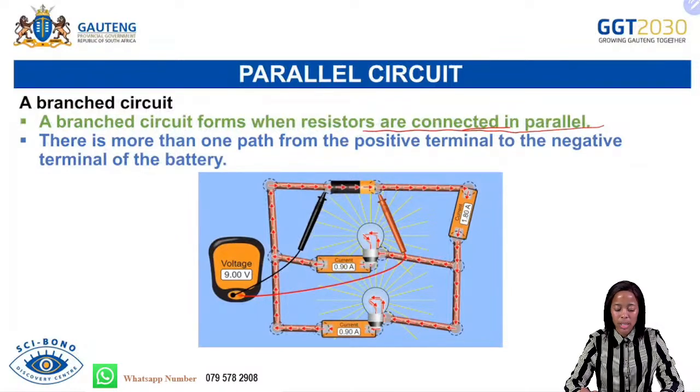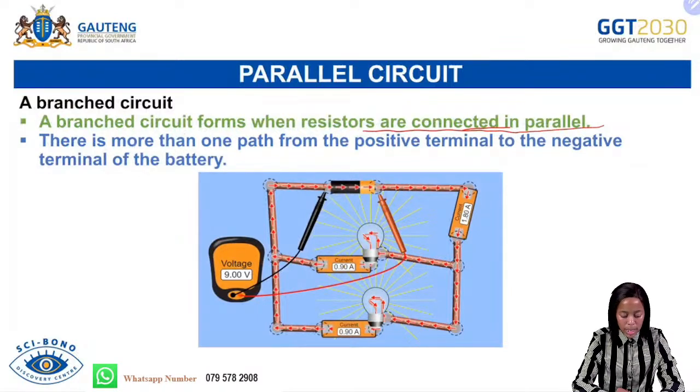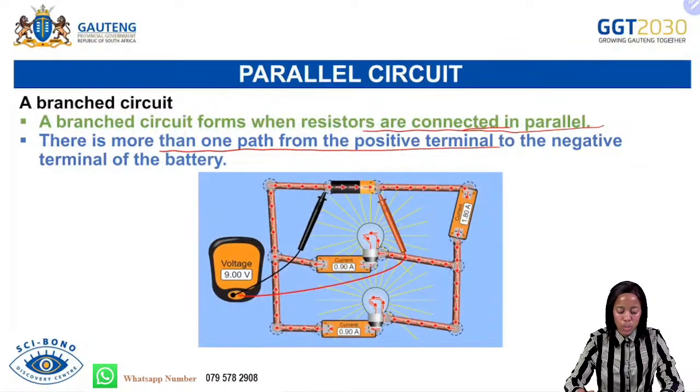There is more than one path for the current to flow, and the current is still flowing from the positive terminal to the negative terminal. So if the red arrows are representing the current, and the current is going to the right, it means the right is our positive terminal, and the left is our negative terminal there.